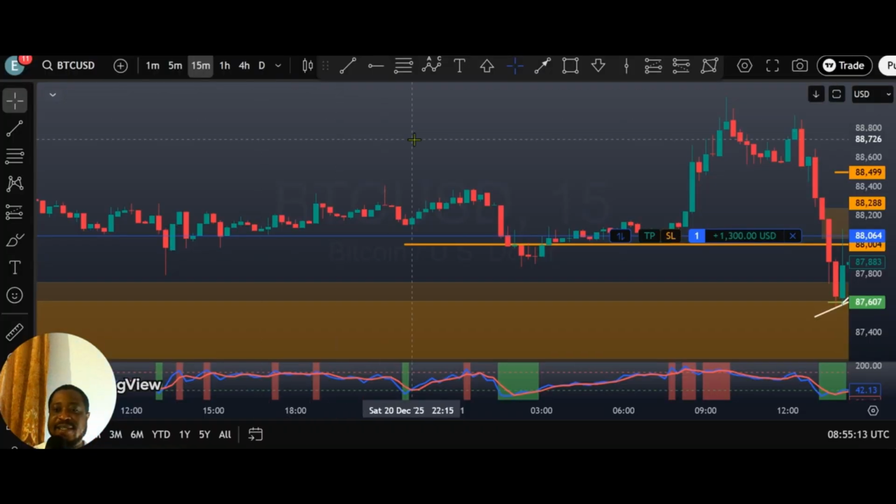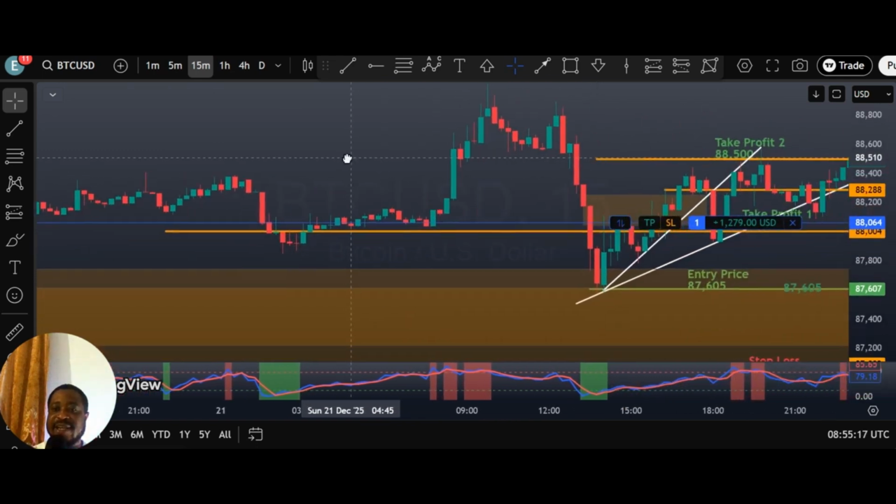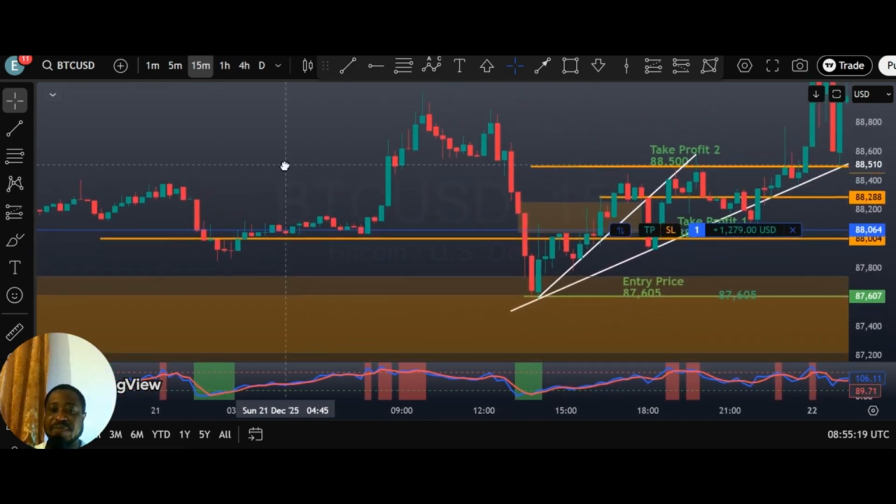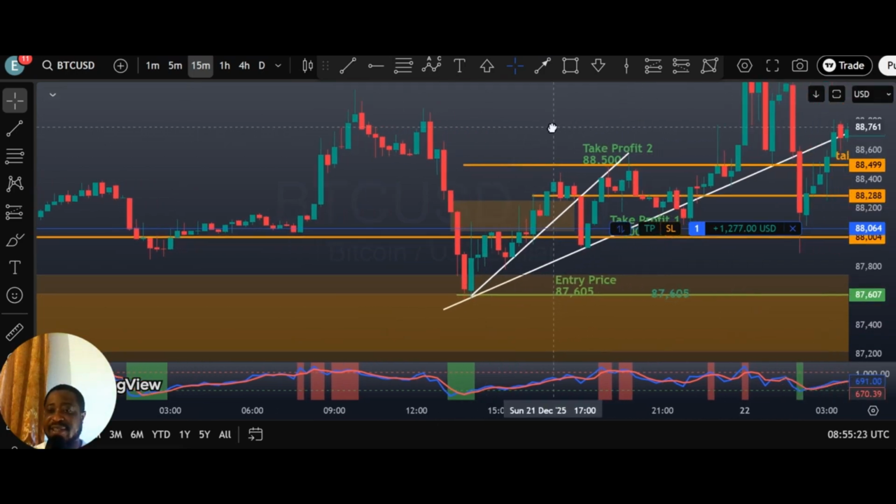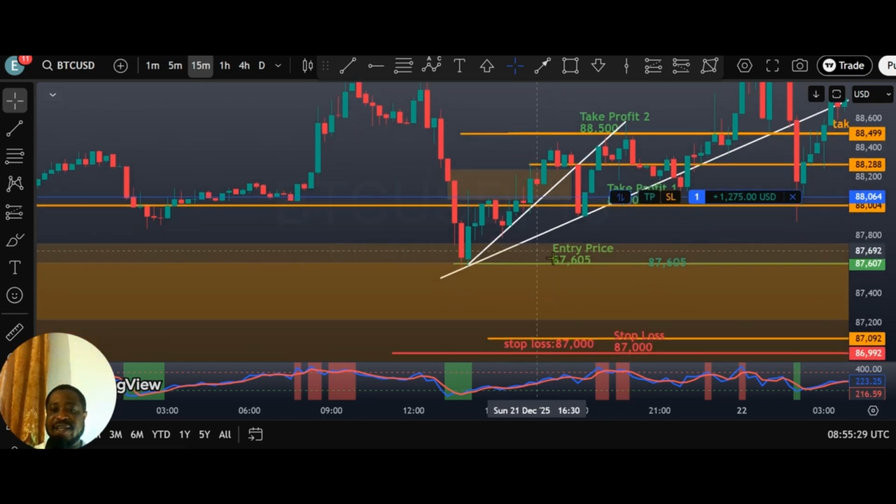the TradingView and see how the signal was utilized. Now I marked up all the signals, the take profits and stop losses. Now let's see something here. This was the entry. If you remember, it gave us an entry of 87,605 as the entry point, and a stop loss of 87,000.